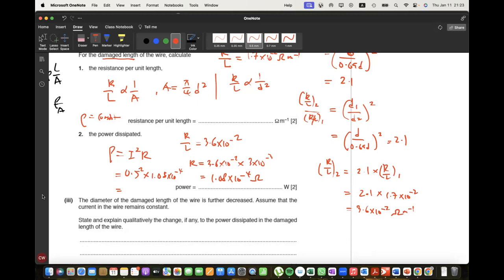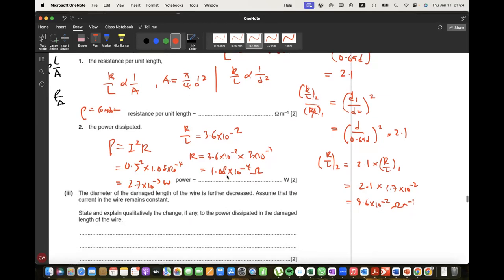So, 2.7 times 10 to the power of minus 5 watt. Do you get the idea now? Right or not? Most of the things can be found from question one. You just need to know how to get the answer. Which one is which one? Try to link them up.